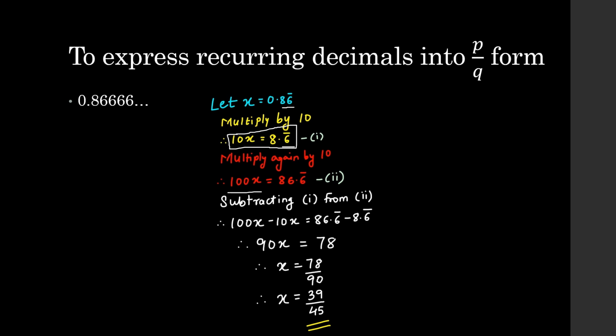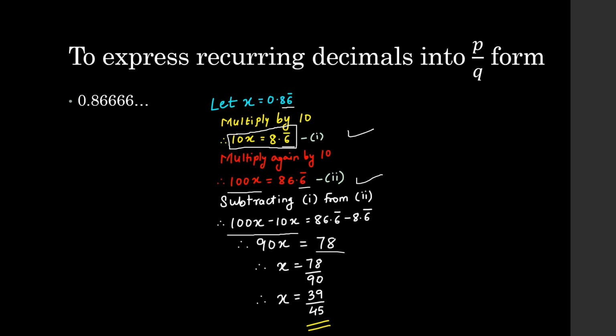Now we can subtract equation 1 and 2 because in both equations after the decimal 6 bar is recurring: 8.6 bar, 86.6 bar. So if we subtract, 100x minus 10x is equal to 86.6 bar minus 8.6 bar. Again this 6 bar will be 0. 86 minus 8 will be 78, and 100 minus 10 will be 90. So 90x is equal to 78. x is equal to 78 upon 90.